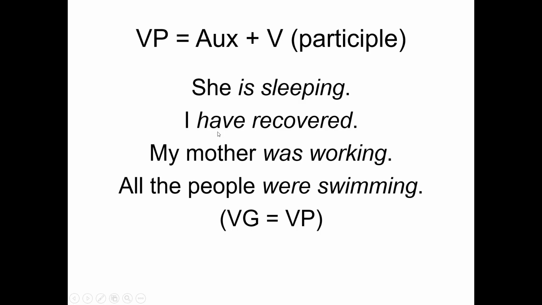It's terrible, but I am recovering, I hope. So have is an auxiliary verb and recovered is the lexical verb. In this case, you have verb phrases consisting of auxiliary plus lexical, and they are also to be treated as verb groups because they just contain verbs.